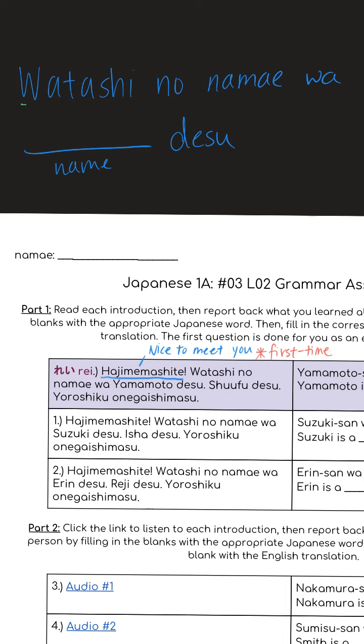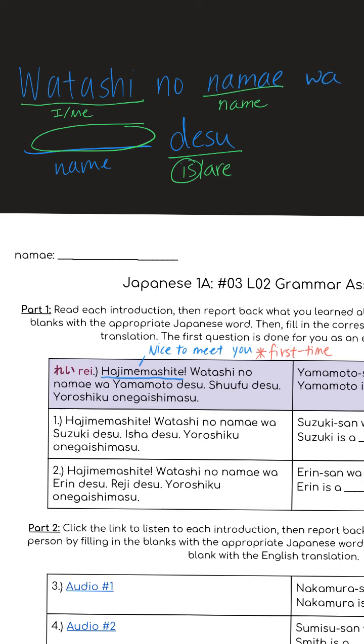Okay. Watashi means I or me. And then namae means name. The name, your name will go here. And then desu means is or are. In this case, it means is.